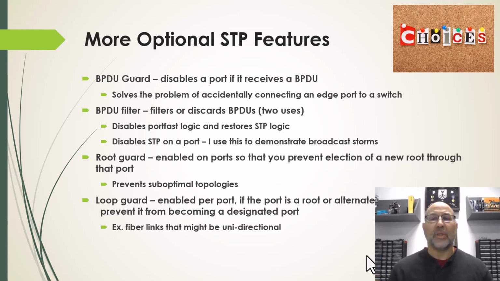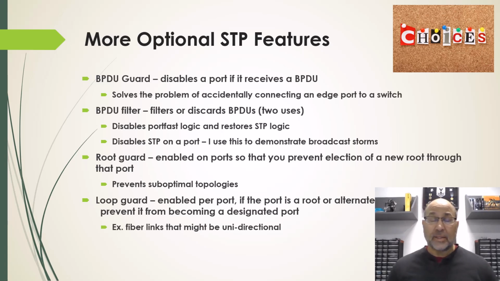Now loop guard, the example in the book is if you have a fiber link that only works in one direction. You wouldn't want a port to change roles so that it was trying to forward traffic, because it wouldn't work on that link. So loop guard will prevent you from changing a role.